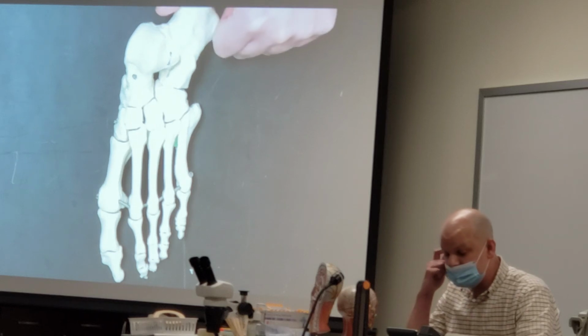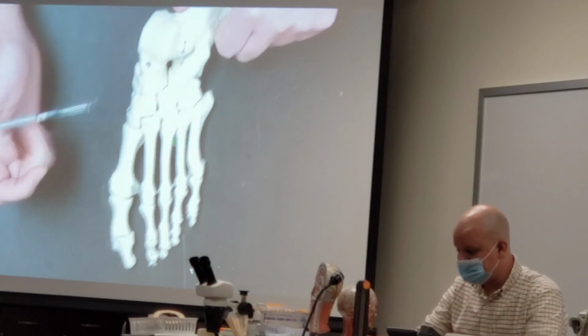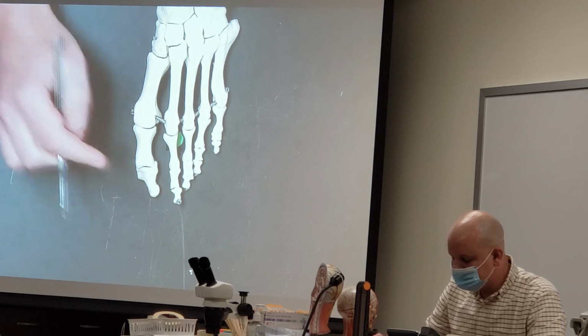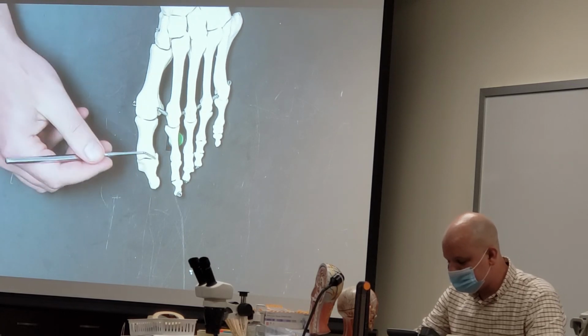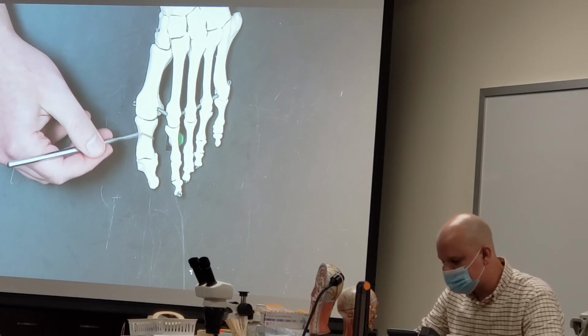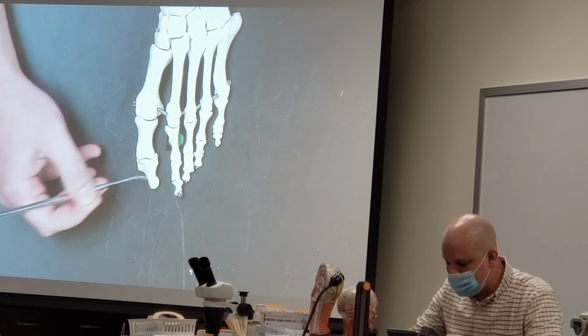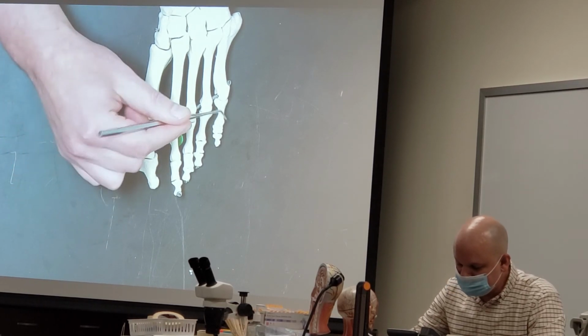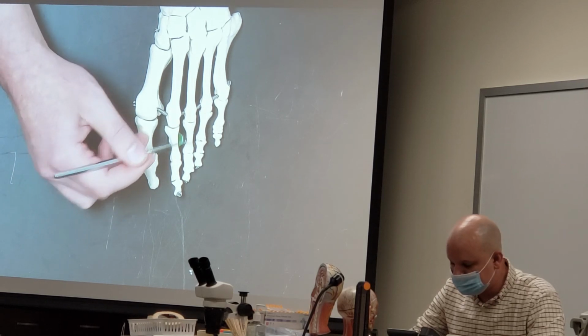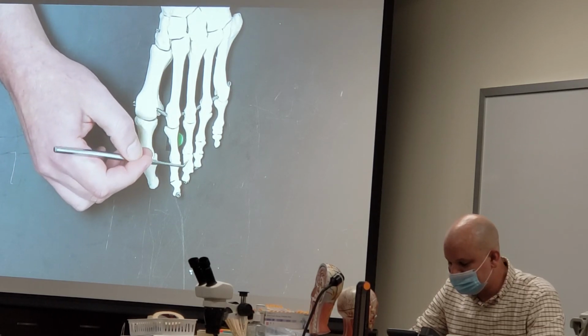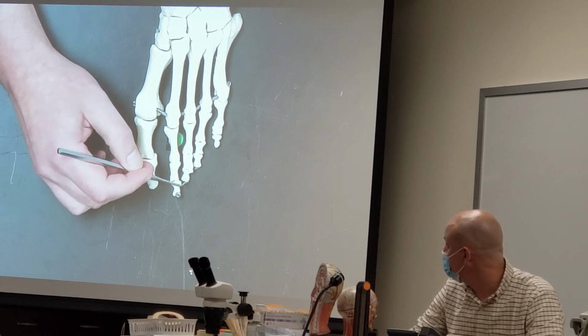And then for the phalanges, the same theme is going to be found. For the first digit, there's just a proximal phalanx and a distal phalanx. For digits 2 through 5, there's going to be a proximal phalanx, a middle phalanx, and a distal phalanx.